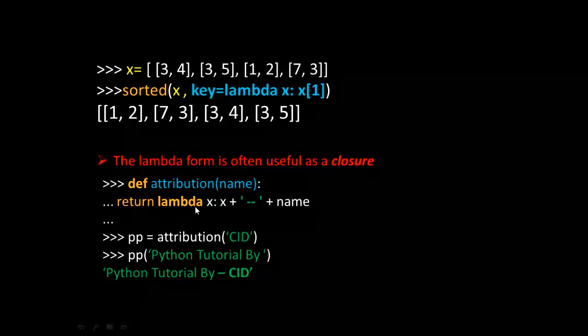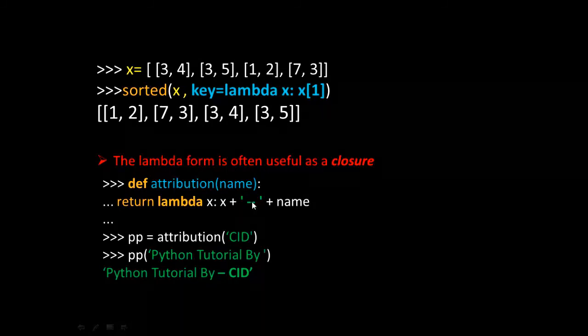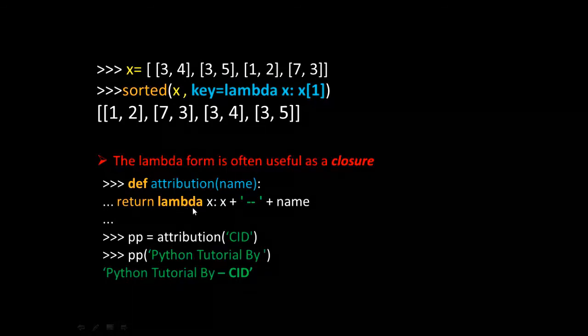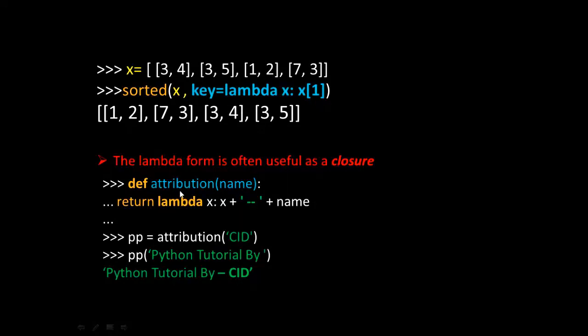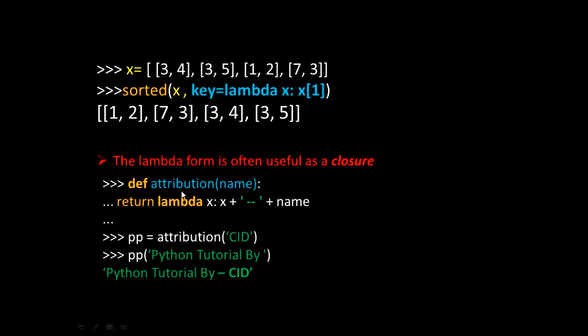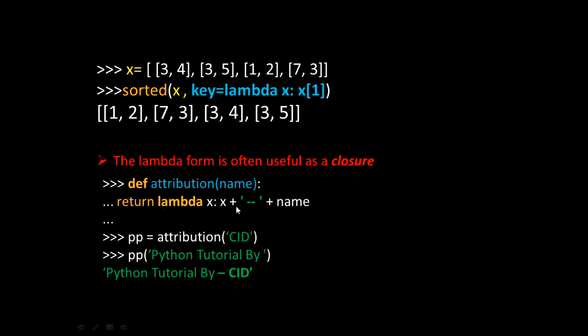We have seen these things in closures in previous slides: there is an inner function which returns something, and then it is received by the outer method, and the outer method returns what was returned by the inner function.